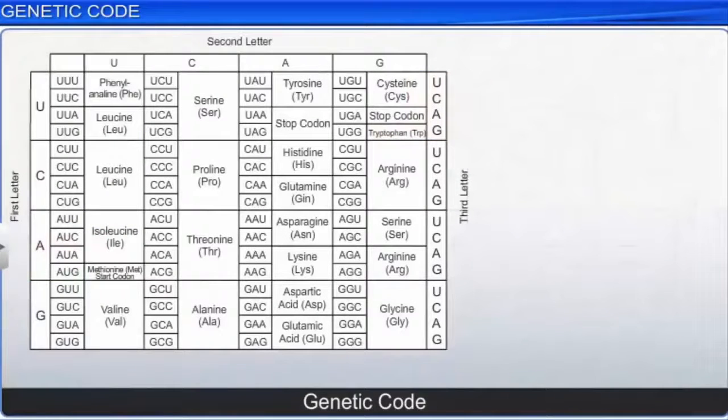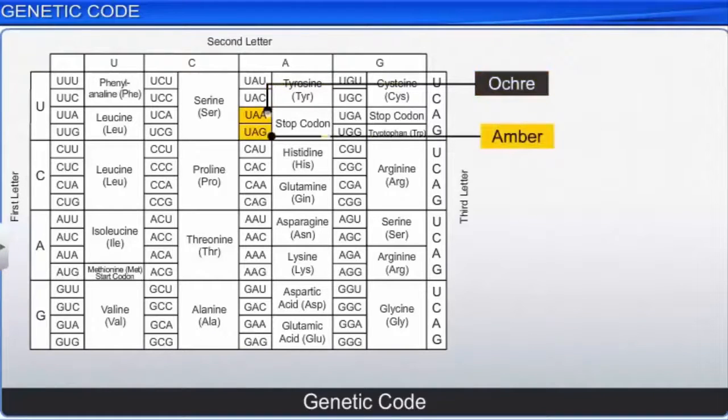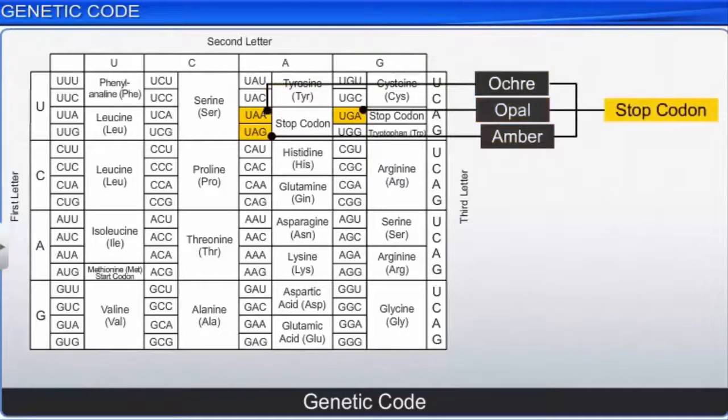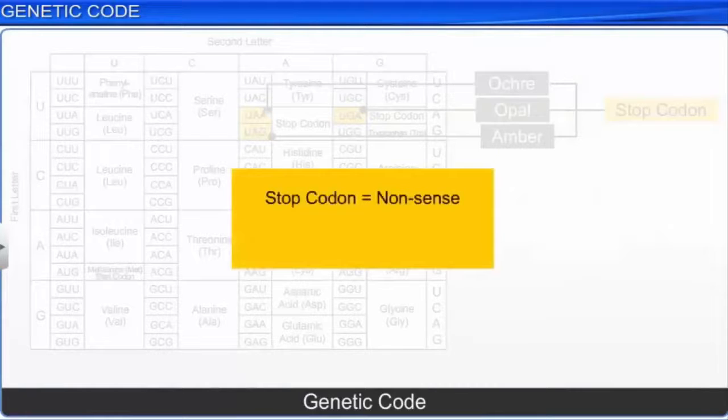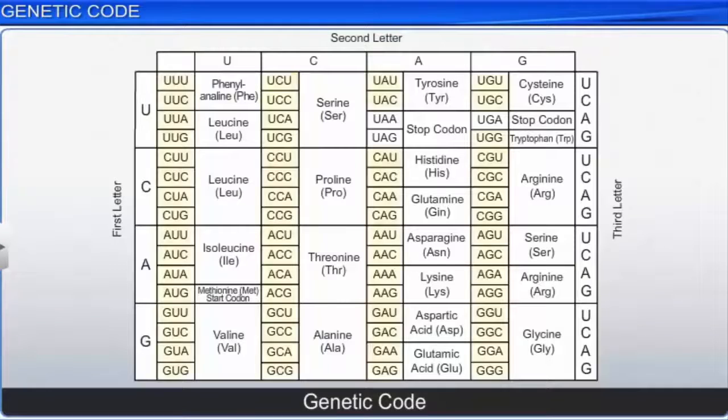Of the 64 codons, 3 codons, UAA, also called ochre, UAG, also called amber, and UGA, also called opal, act as a stop codon, which means they terminate the translation process and as such don't code any amino acid. Hence, they are known as nonsense codons or termination codons. The rest of the 61 codons code the 20 amino acids found in the human body.